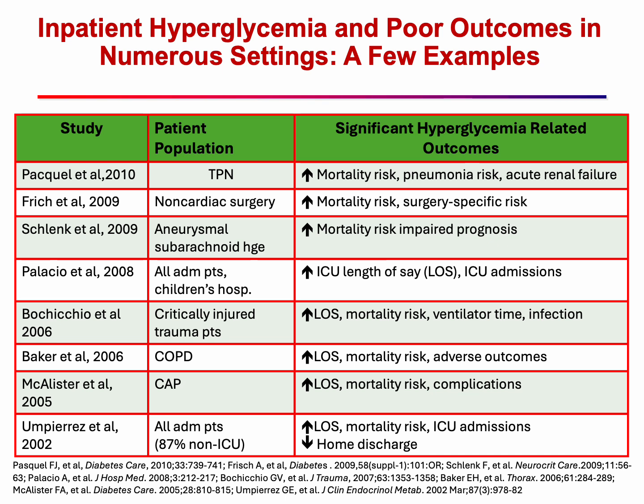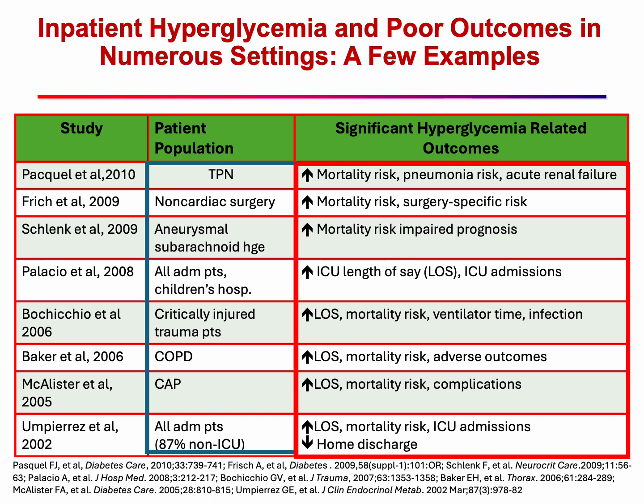As seen in these slides, with different studies in different settings, patients on total parenteral nutrition, non-cardiac surgery, neuro cases, pediatrics, trauma cases, medical patients, etc., it is associated with increase in hospital mortality and morbidity, such as increased rate of infection, pneumonia in medical patients, increased risk of wound infection in surgical patients, length of stay, and thus hospital costs.